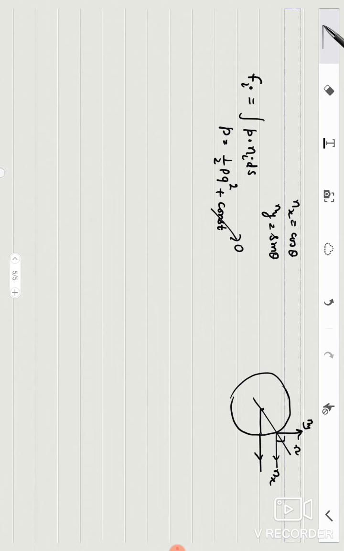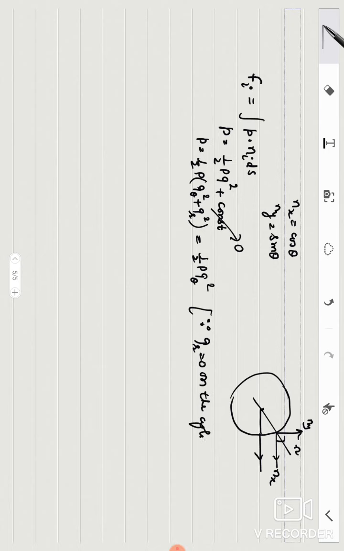I am taking the simplest case. So P is equal to half rho q theta squared plus q r squared, but it is half rho q theta squared because on the cylinder q r is 0.